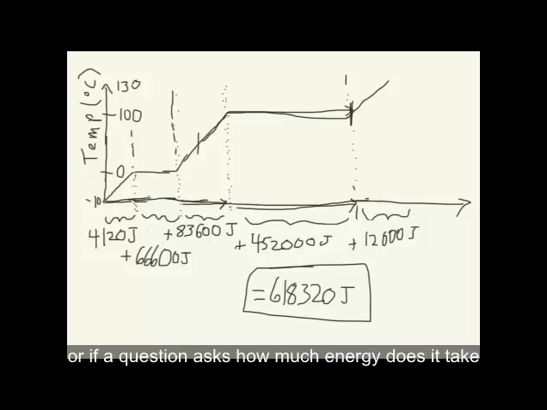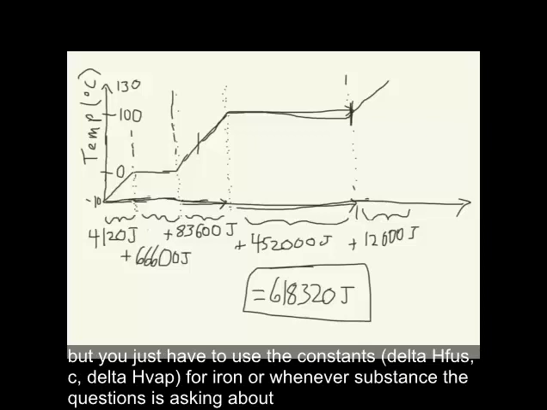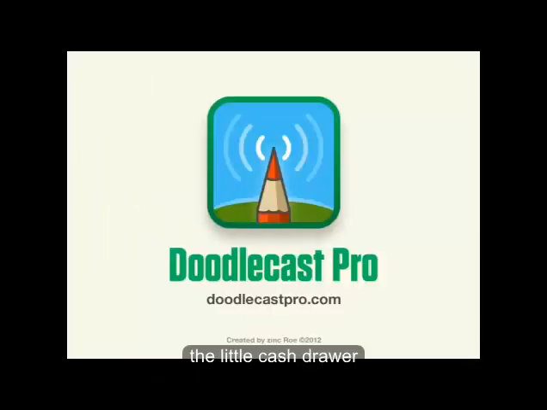Or if a question asks how much energy does it take to evaporate iron or some other substance, you can use the same equations, but you just have to use the constants for iron or whatever substance the question is asking about.